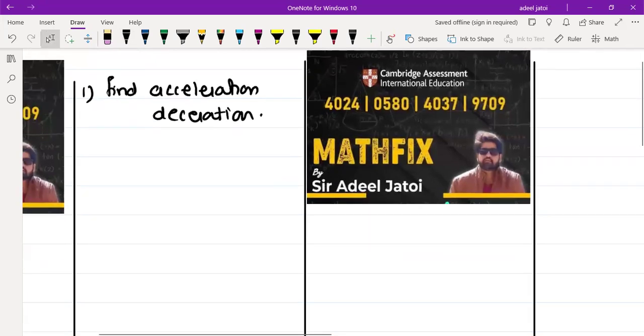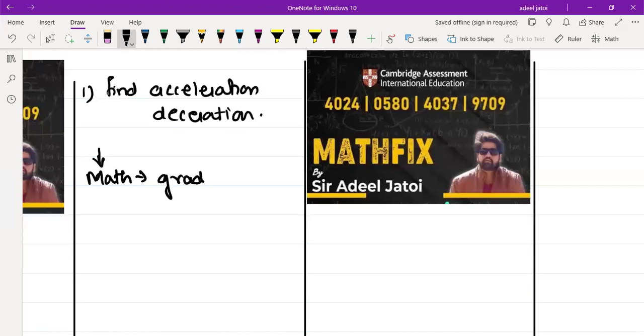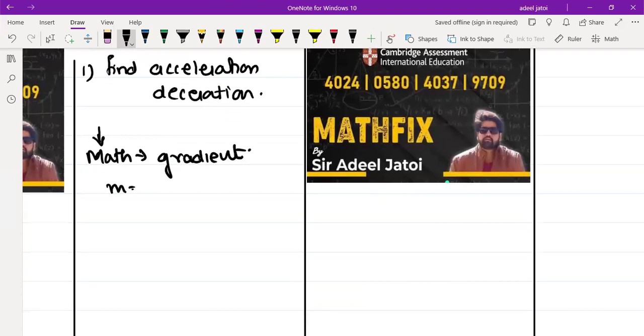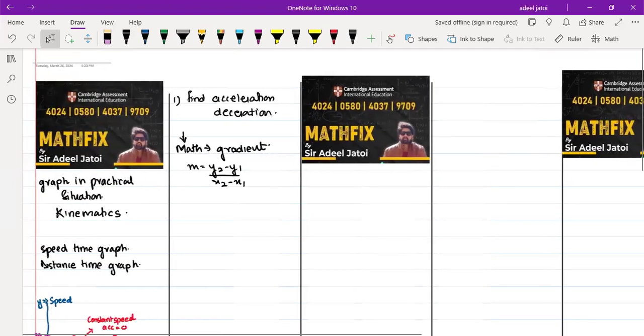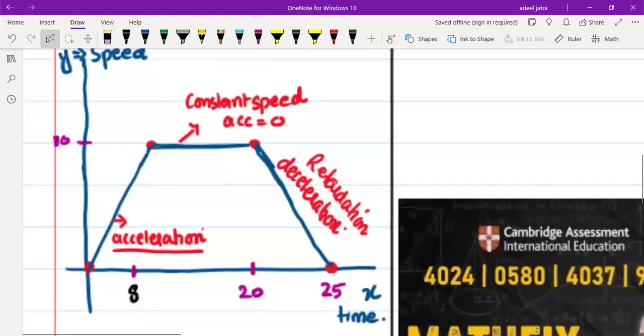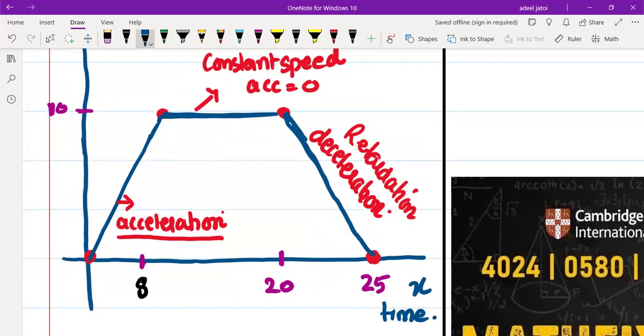Now, in maths, acceleration and deceleration are found using the formula of gradient, which means m equals y2 minus y1 upon x2 minus x1. That clearly means that your acceleration is to be found using the gradient equation. That means the coordinates will be used.